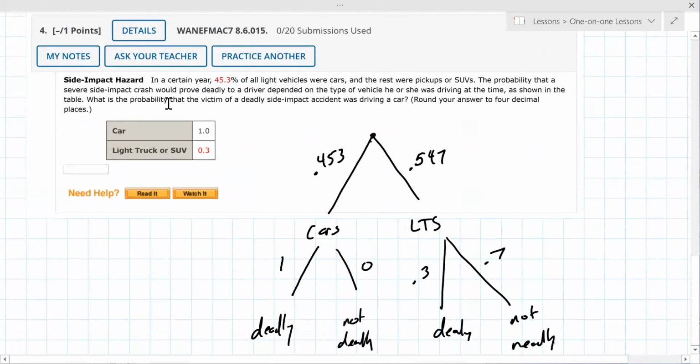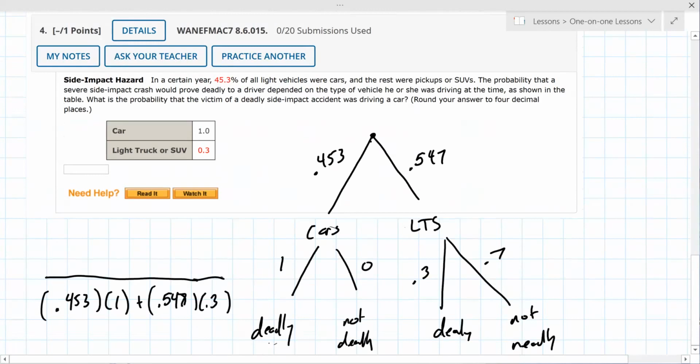What is the probability that a victim of a deadly side impact crash, so that tells you which two you care about, those two down here, was driving cars? What's the probability that they were in a car? So again, on the bottom, it's going to be 0.453 times 1 plus 0.547 times 0.3. And you got to figure out which one goes up the top. Well, it's the fact that they were driving a car.